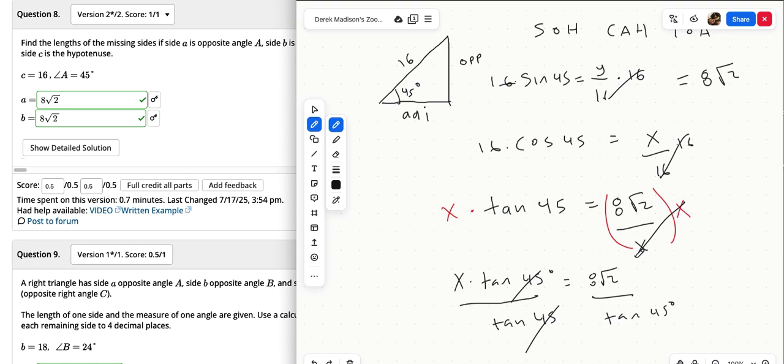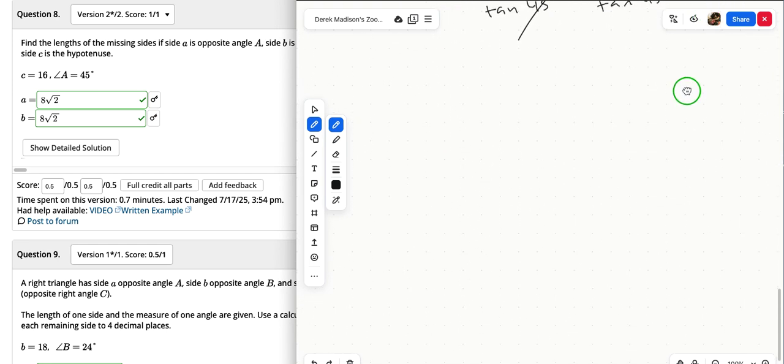Here you can see if I use tangent, it got a little trickier. Sometimes it happens, it's fine. That's where you bring the x up and then bring the tangent down. Basically you're just going to do whatever math you need to do to get that variable you're looking for up in the numerator and then by itself. So let's look at the next one.